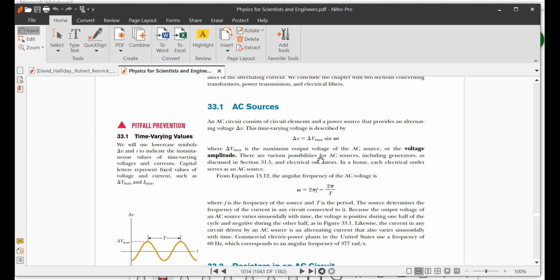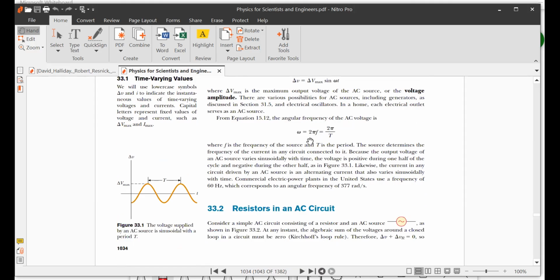For example, we have this sinusoidal form, Vmax sin omega t, where omega is the angular frequency of the AC voltage. The symbol of the AC source is like this. Because we do not distinguish, yeah, between the poles. The pole is alternating. Alternating means that sometimes zero, sometimes positive, sometimes negative.